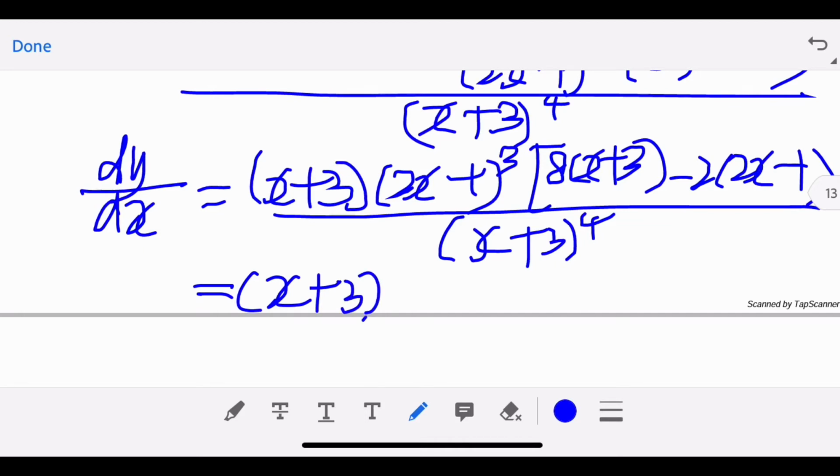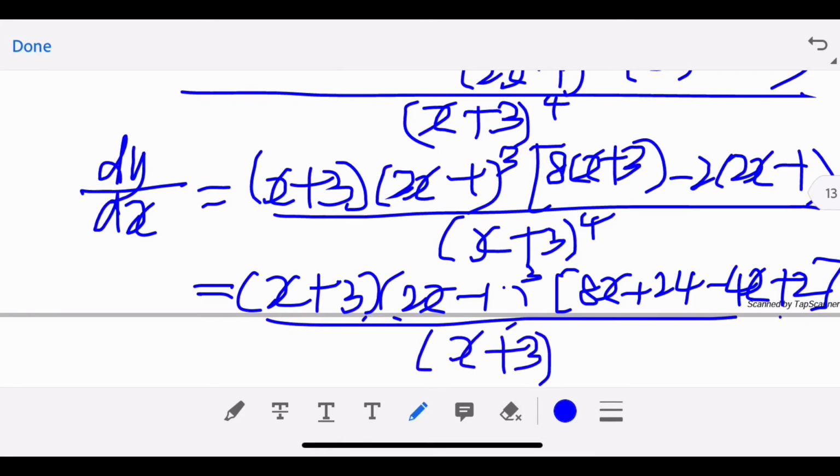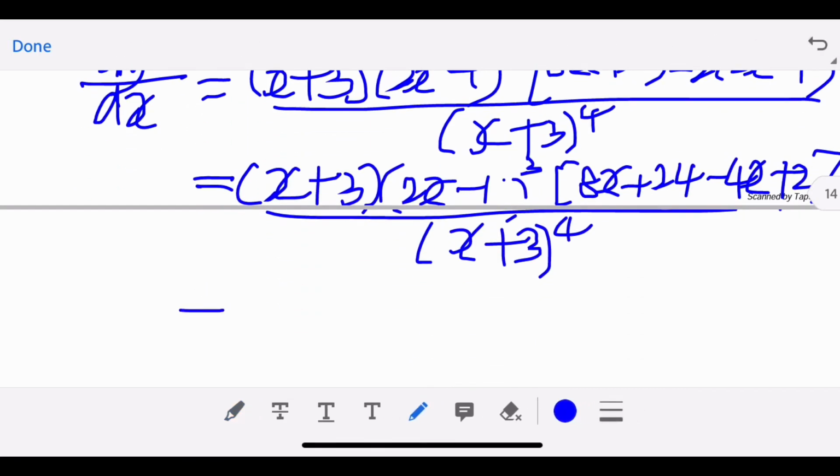So I write again (x plus 3), (2x minus 1) to the power of 3. Then the balance inside will have how many? 8x plus 24 minus 4x plus 2, right? Okay, over (x plus 3) to the power of 4. So you need to do it carefully because it looks a bit complicated, right?